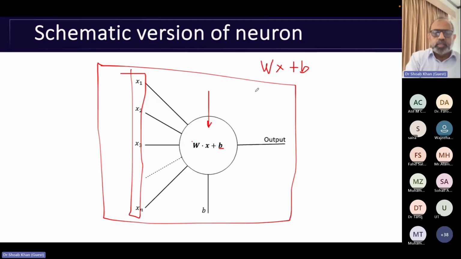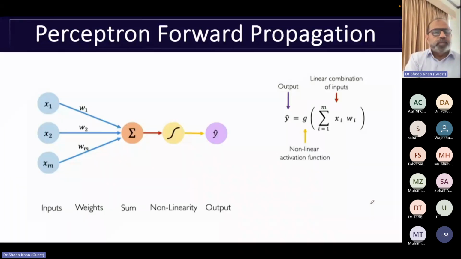So there has to be something you do to this number that you get, to excite the other neurons. This output is going to excite several other neurons, and that's the thing that is missing. These are the inputs.